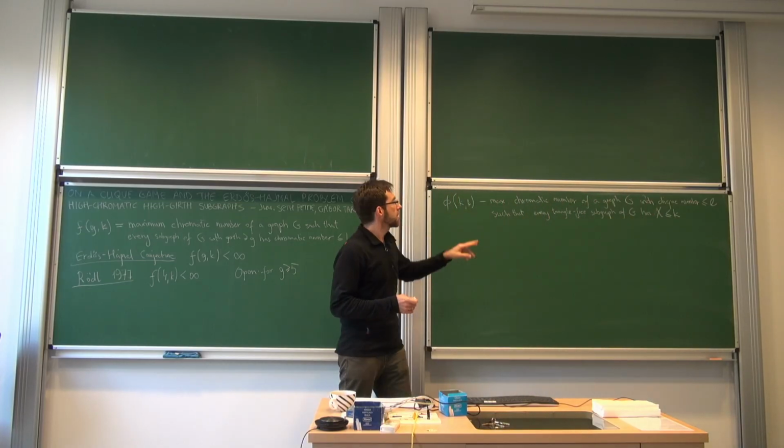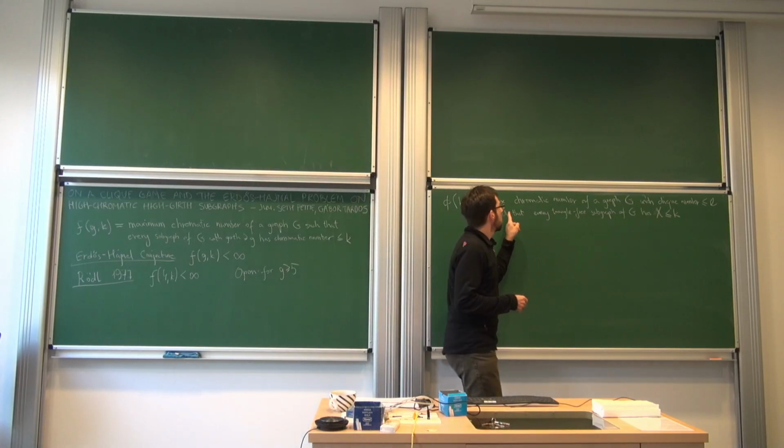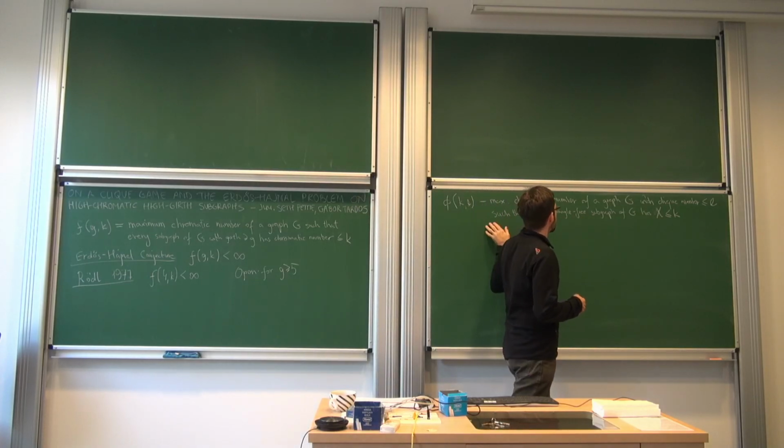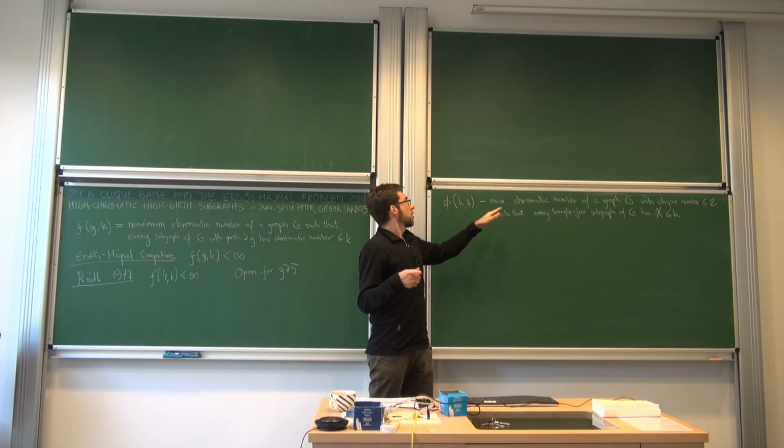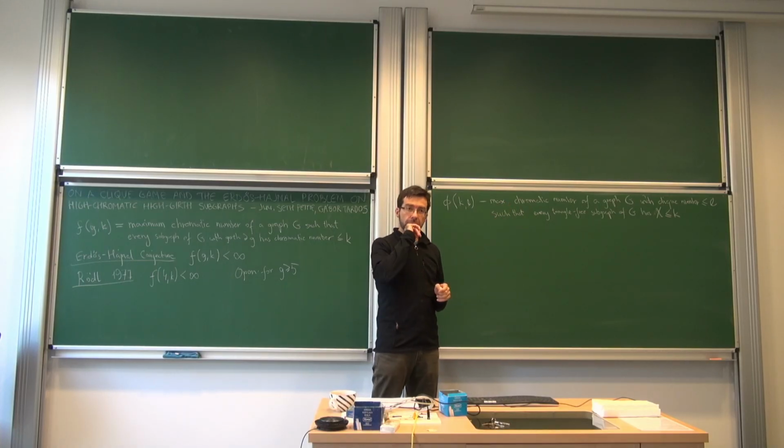Yes, so we are bounding the clique number, and we are bounding the maximum chromatic number of triangle-free subgraphs, and we are looking for the maximum chromatic number of such a graph.